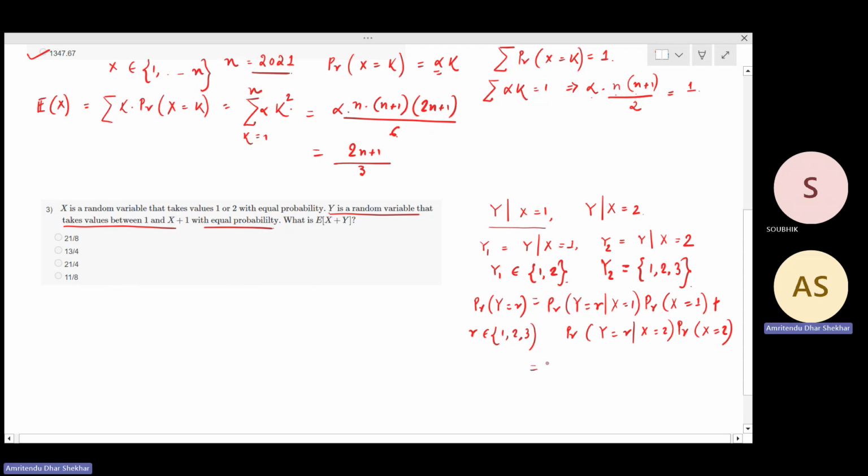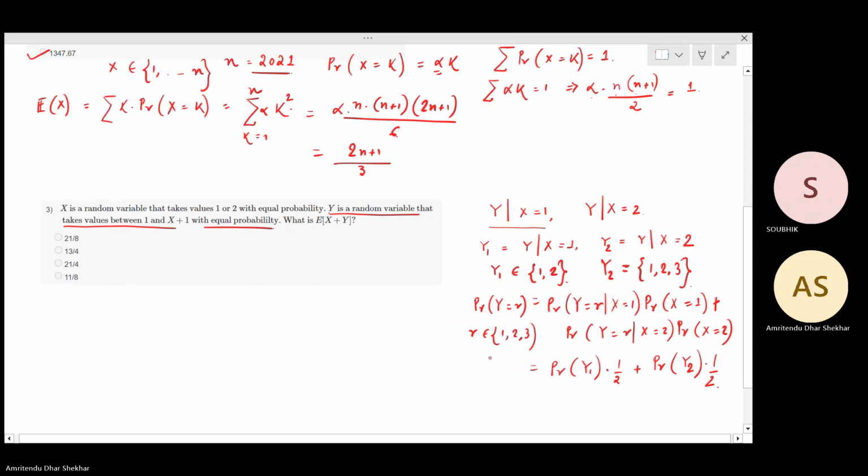So that is just equal to the probability of y1 equals r times half, plus the probability of y2 equals r times half, the probability of x equals 2 being half.